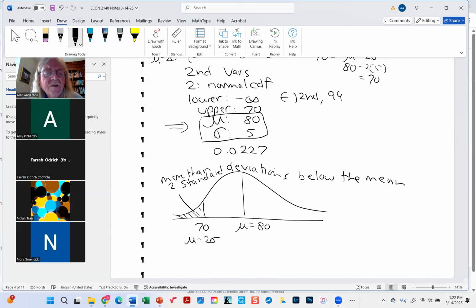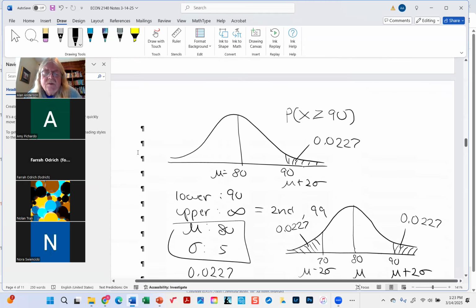And if you notice too, that's a very small number. The thing about the normal distribution is that even though it covers the entire real number line, the overwhelming majority of its area is within 3 standard deviations of the mean. The rest of it is so small, not that you should ignore it, but it has no real practical effect on our results. So the overwhelming majority of the area is within those 3 standard deviations, but it still does technically go all the way out to infinity on either side.